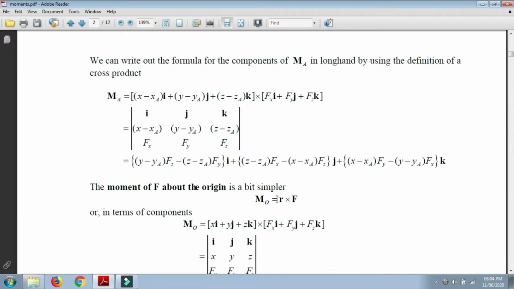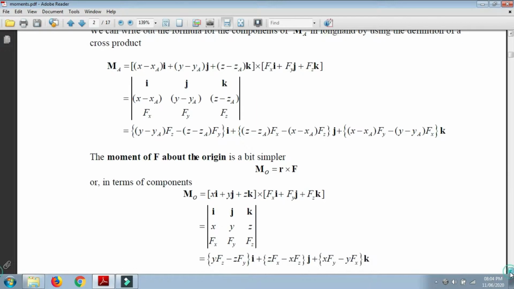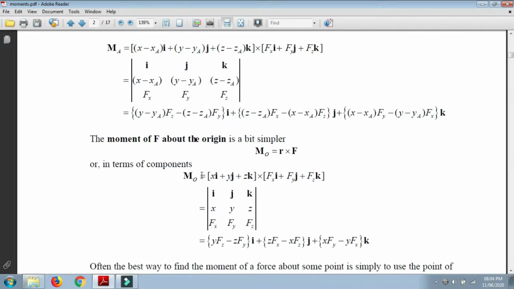So M naught is equal to R cross F, and they have simplified it in terms of components. M naught stands for moment about the point O. It will be x i plus y j plus z k cross Fx i plus Fy j plus Fz k, if it is about the origin.